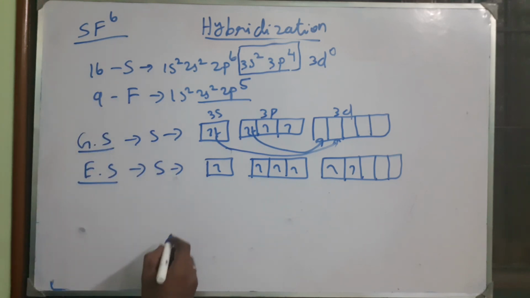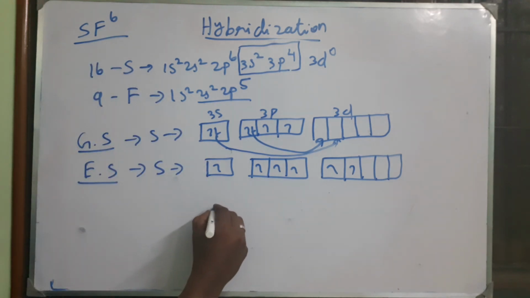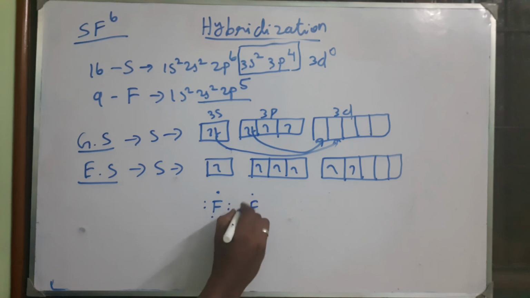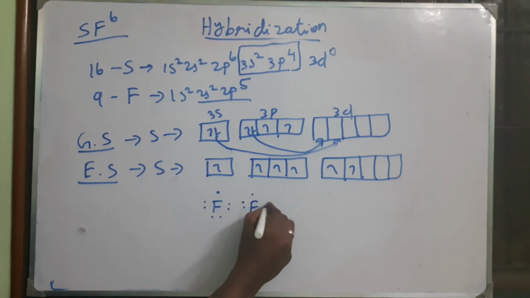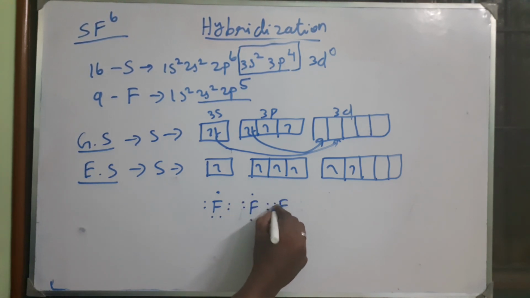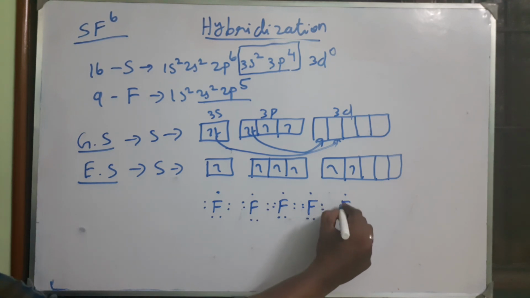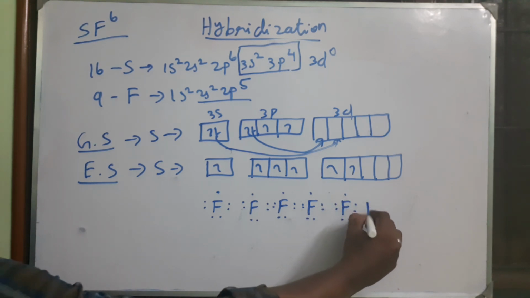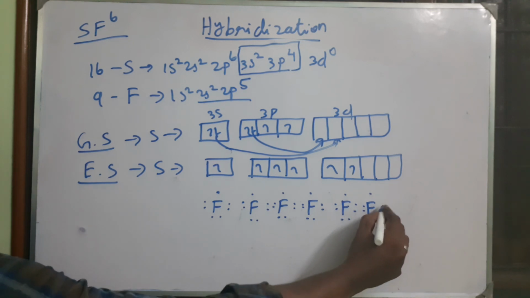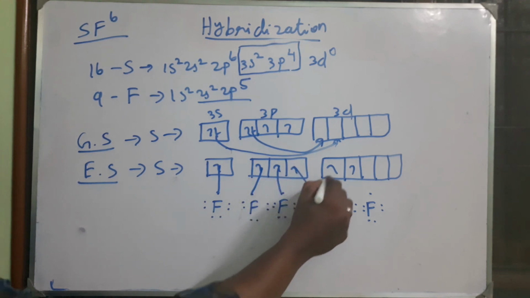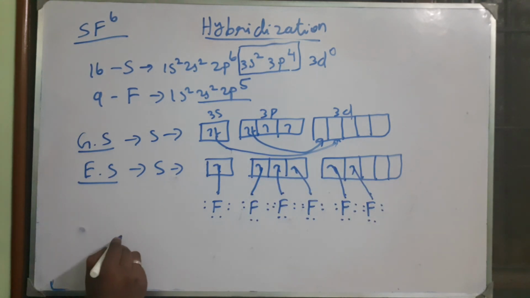So how many fluorine atoms are there? 6 fluorine atoms are there. So SF6.